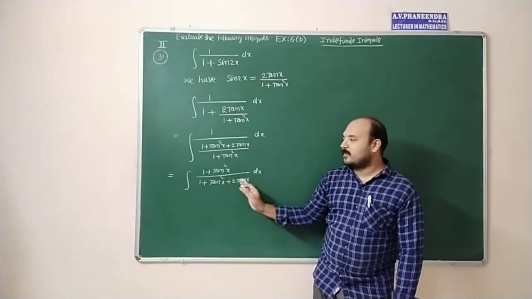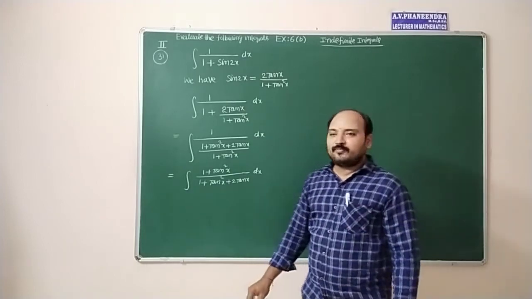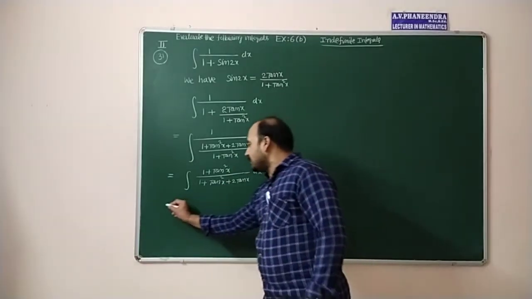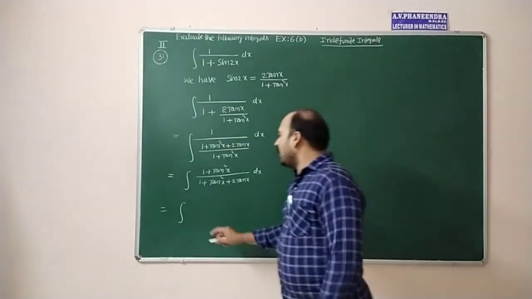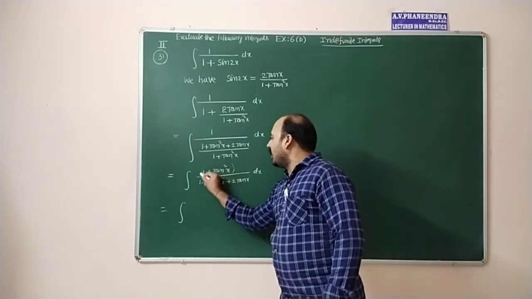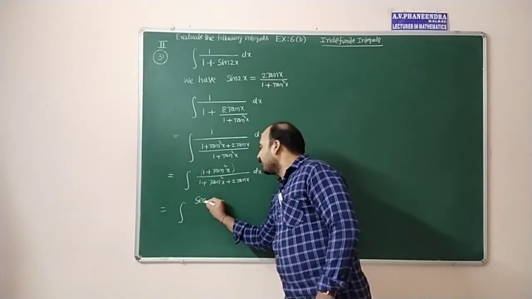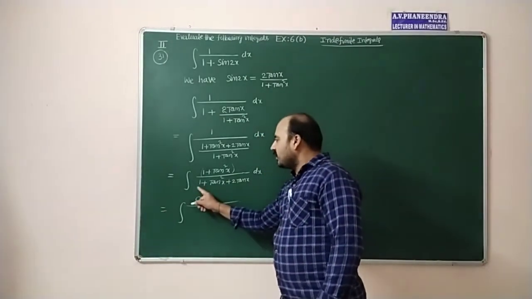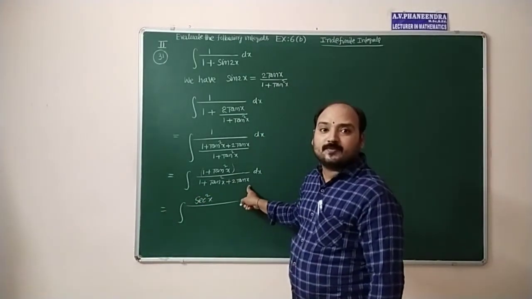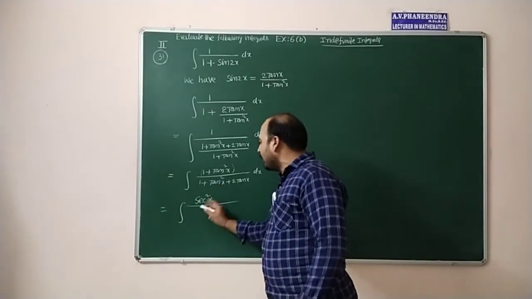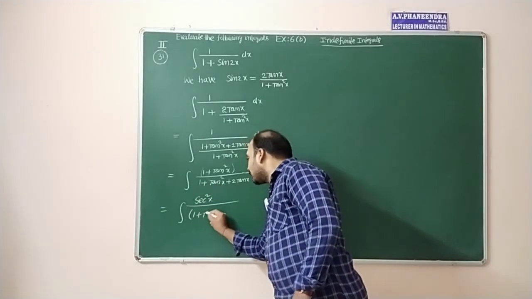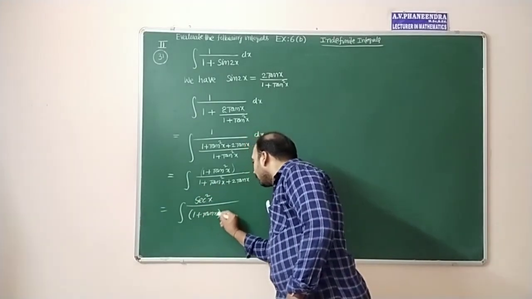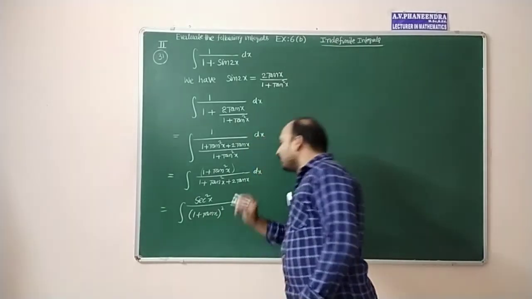A square plus b square plus 2ab means a plus b whole square only, no? So we can write the denominator as the expansion of a plus b whole square, where a is equal to 1 and b is equal to tan x. In the numerator, we have the formula: 1 plus tan square x is secant square x. So integral secant square x divided by 1 plus tan x whole square into dx.